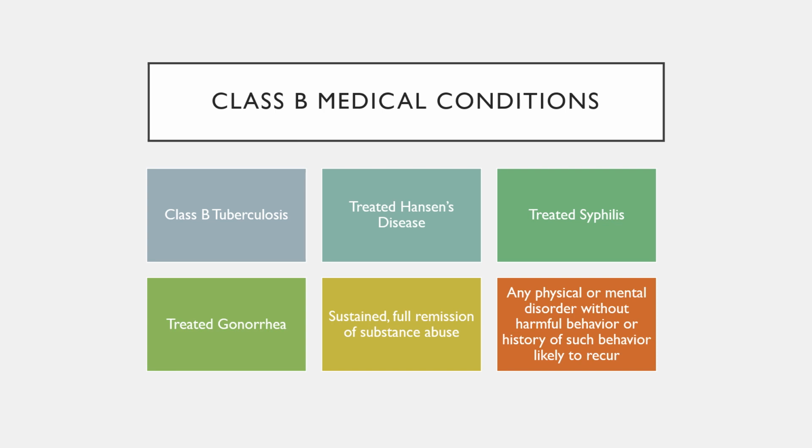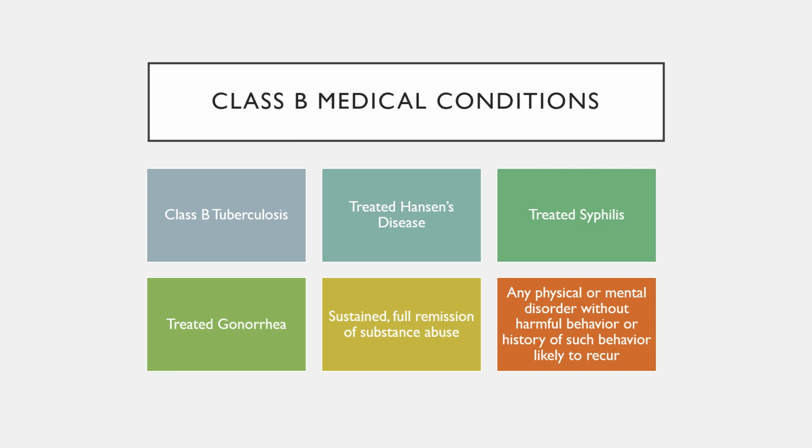And as you can see, these conditions are basically the opposite of Class A. And so going through them briefly, Class B TB means that there were abnormal findings during the overseas TB screening, but the client did not have active TB at the time of the screening. And there will be a separate video covering more about Class B TB.